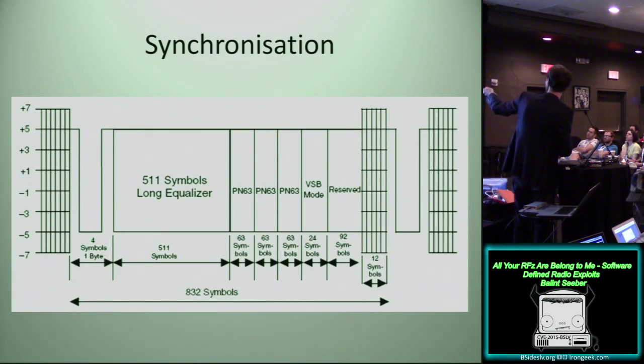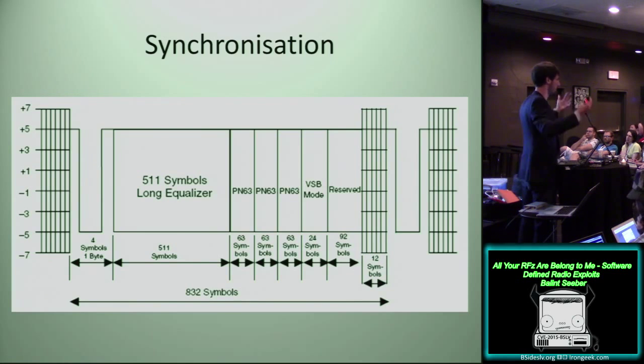So every so often, in your ATSC signal, there's going to be this sync segment, but more importantly, there's going to be this long synchronization series of symbols that's used by the TV to assess the state of your channel. There is an equalizer in there, and that will be used to mitigate multipath effects, because multipath basically means, as you'll see in a minute, you get lots of different versions of the signal arriving at different points in time, and that will degrade your signal because you're receiving the same thing, and they're all going to destructively interfere with one another.